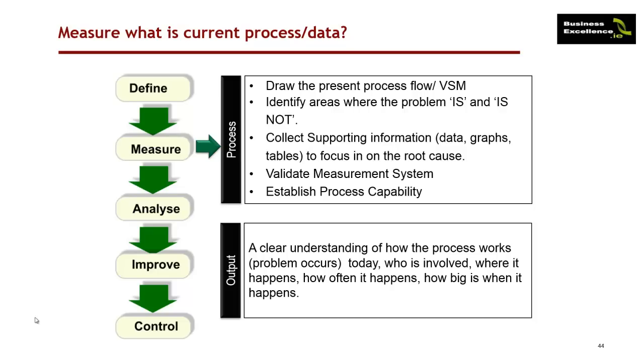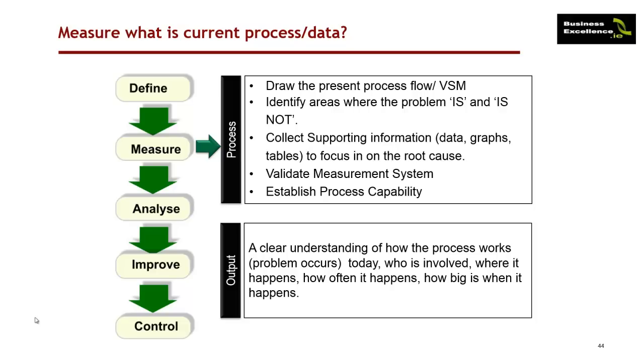It's also very important at this stage to validate the measurement system. Just because we have data, just because somebody has presented data in a graph, doesn't mean to say that data is valid. What's also possible at this stage is to measure process capability.